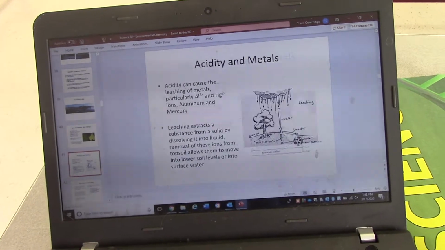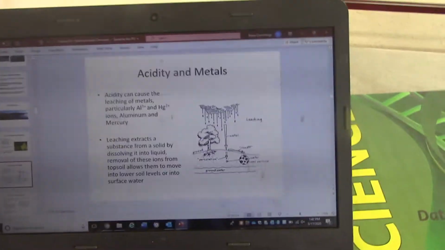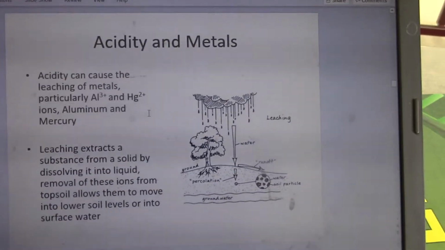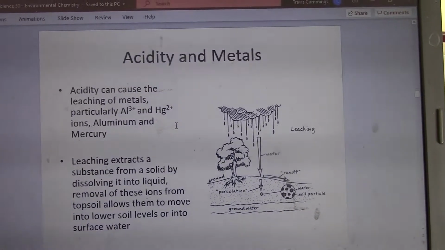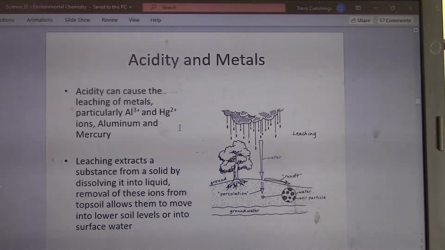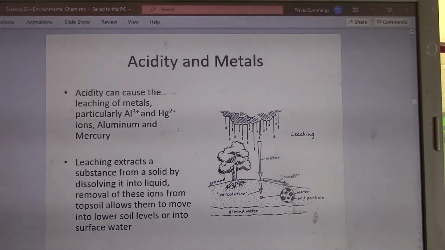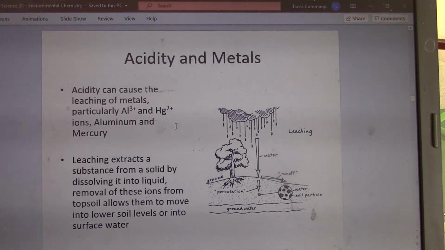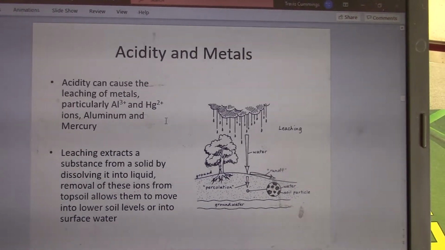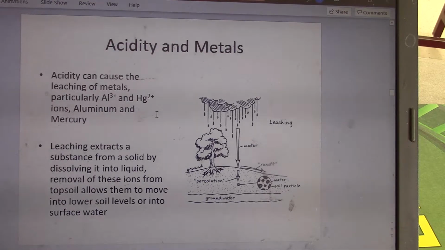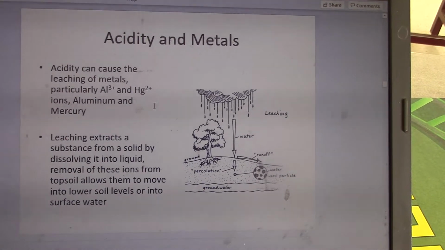So this is another piece that you should understand about acid precipitation. And this is something you'll have to look at a few times. So acidity causes the leaching of metals. So particularly if there's high levels of aluminum and mercury. So the leaching, what it does is it extracts a substance from a solid by dissolving it into a liquid.